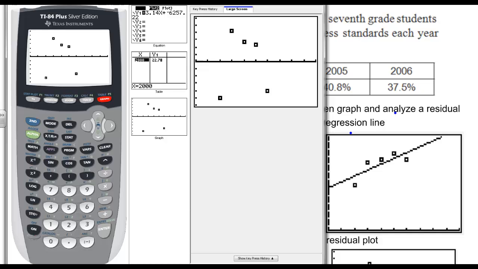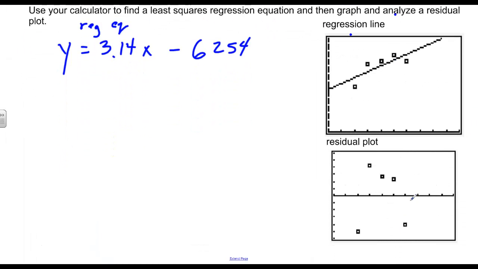All right. And once again, I've done a screenshot of that, and here's our residual plot based on that calculation. So once again, work with that calculator, understand how to maneuver around it, and get these two graphs. And if you have to watch it again, so be it.